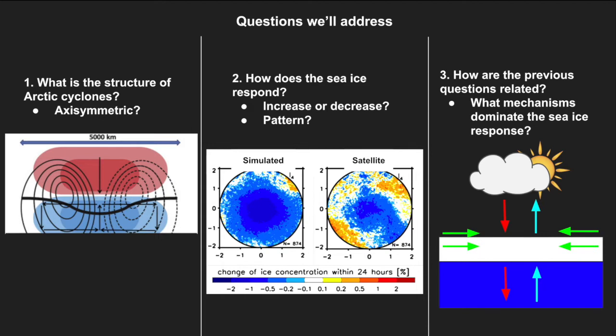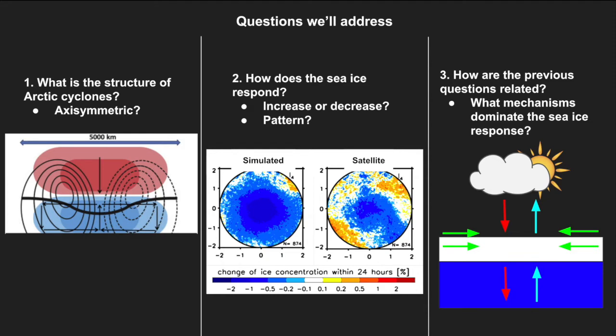So there's some possible mechanisms we want to get at, and we want to see which of these dominate. And this diagram I've drawn in the bottom right shows some of these mechanisms. The white is the sea ice, and these green arrows are the surface winds, causing the sea ice to be transported and dynamically advected into kind of new spatial patterns. The red and blue above the sea ice are the surface energy fluxes.